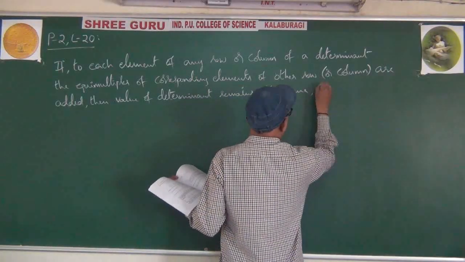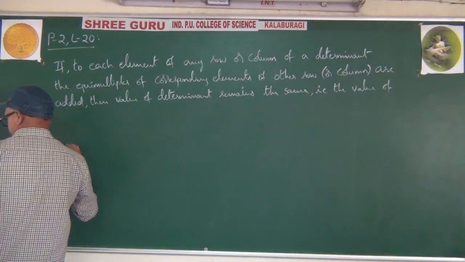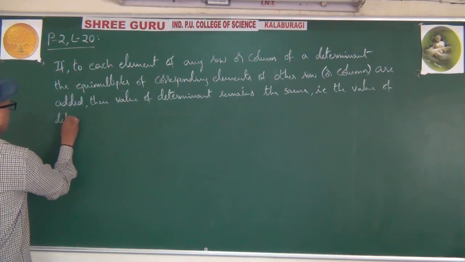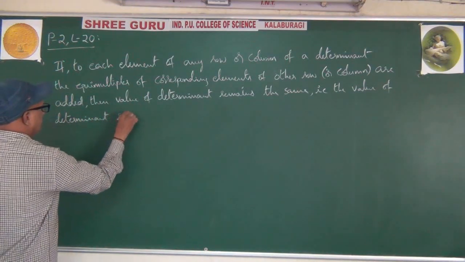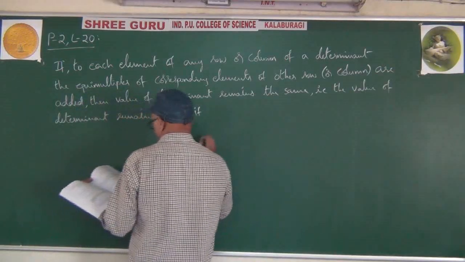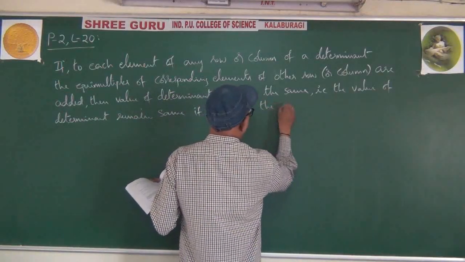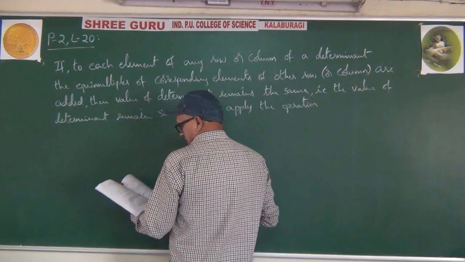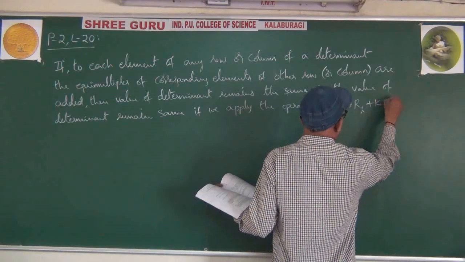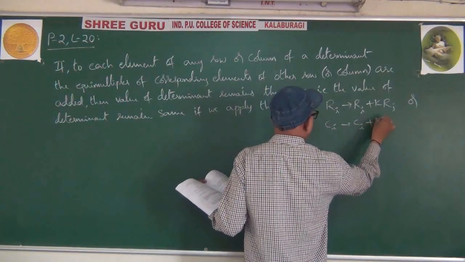That is, the value of the determinant remains the same if we apply the operation Ri to Ri plus k Rj, otherwise Ci to Ci plus k Cj.